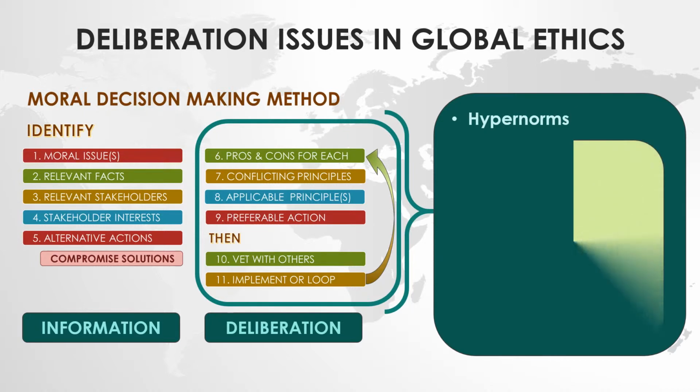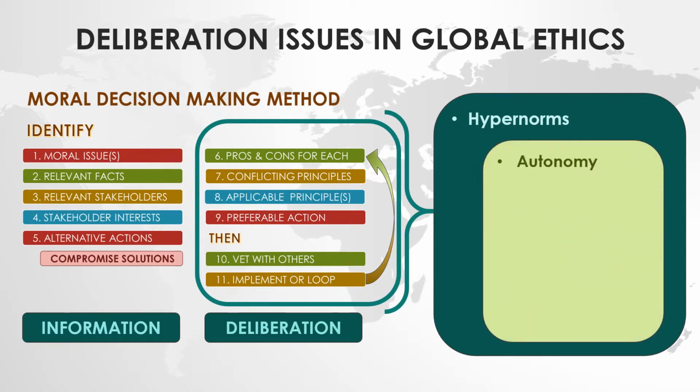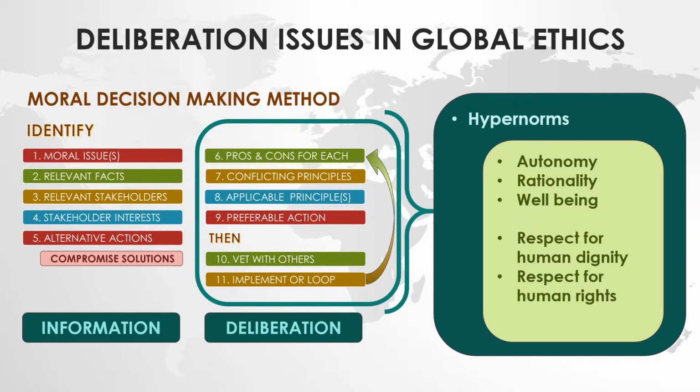That is, autonomy, rationality, and physical, mental, and social well-being. Donaldson actually offers 3 hypernorms of his own: respect for human dignity, respect for human rights, and good citizenship. This last one is very similar to the kinds of citizenship duties we talked about when discussing corporate citizenship and corporate social responsibility.